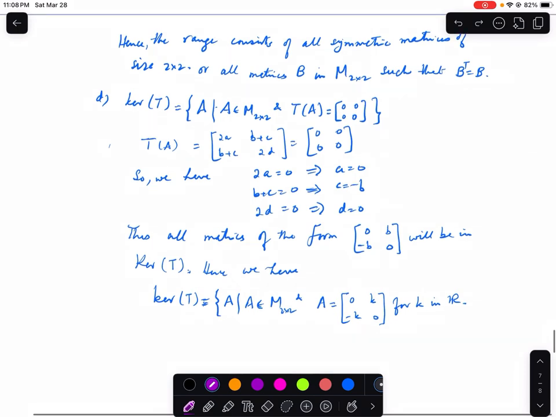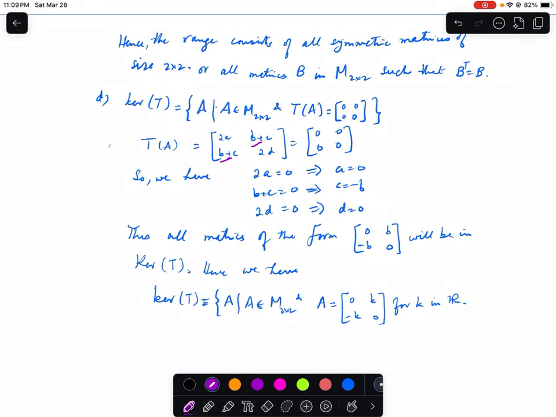So 2a is equal to 0, b plus c is equal to 0, and 2d is equal to 0. Now these two are giving us the same equation, so we can write it only once.